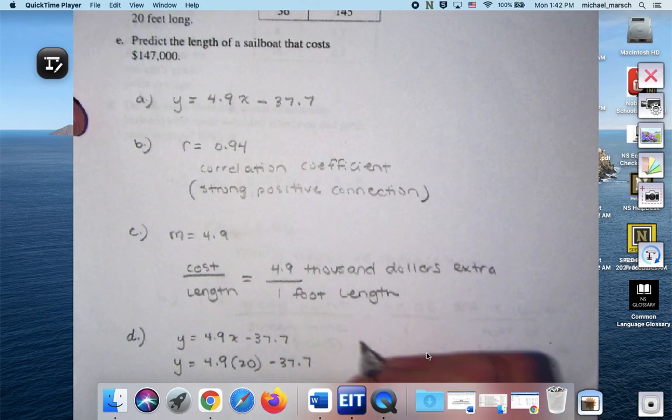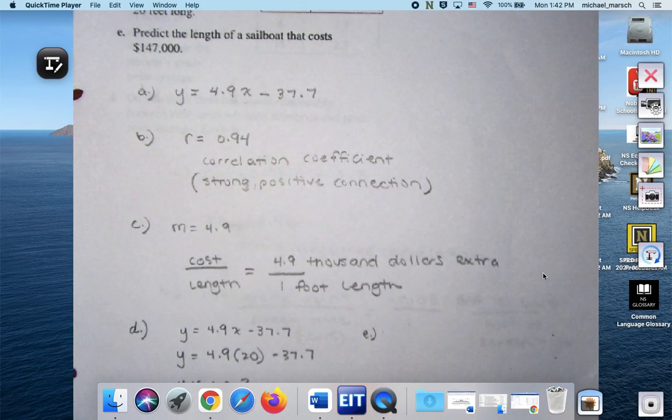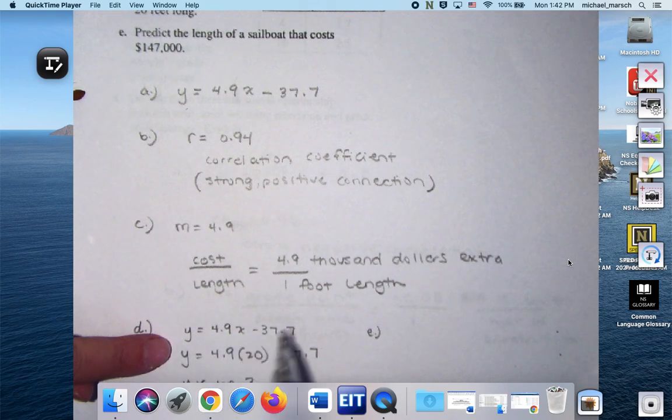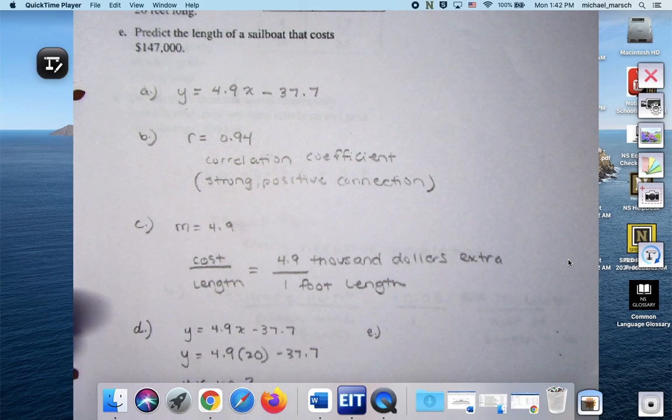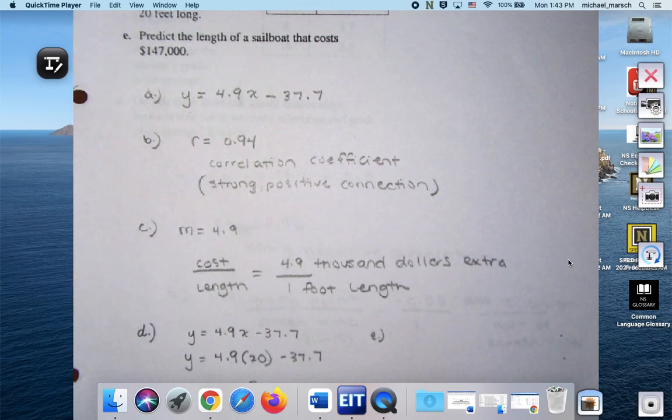Now we're going to do part E. Part E says predict the length of a sailboat that costs $147,000. So I'm going to use this same linear equation, but this time, where am I going to substitute and what will I substitute? Where and what? Addie. For y, you would put in 147. Just 147. Correct.